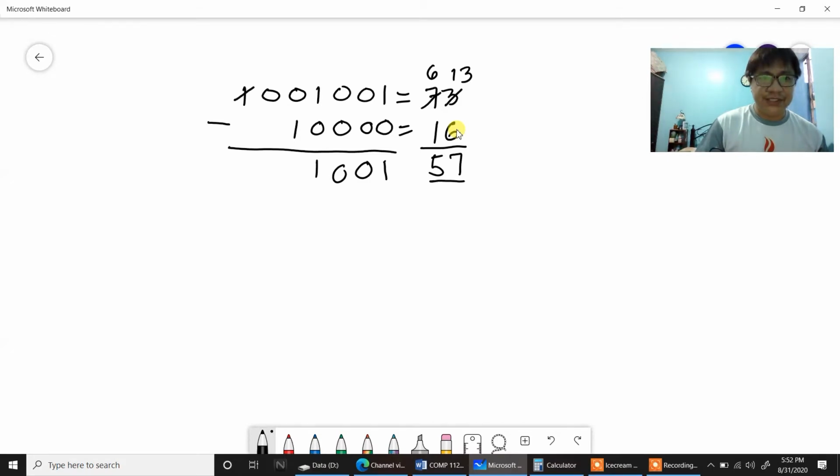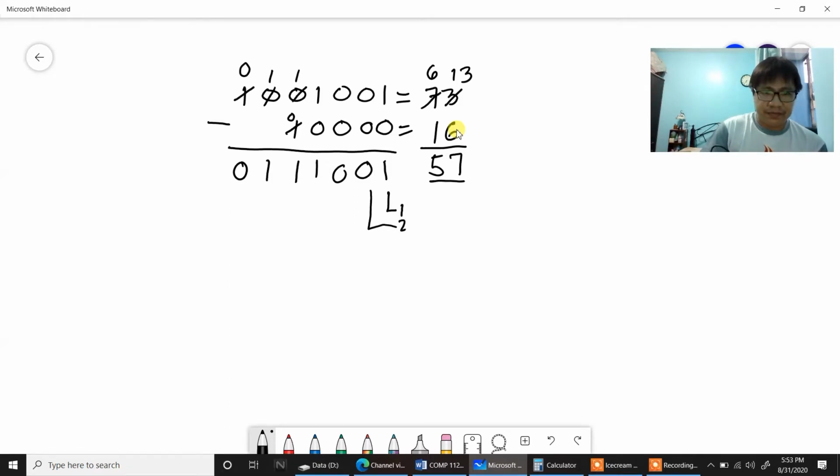So we will change the 1 to 0, distribute the value 1, then 1. Since 1 minus 0 is 1, we got also 1 here. You can also put 0, but it will not change the value since it has no value anyway.